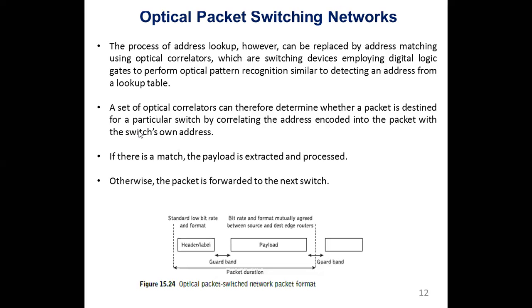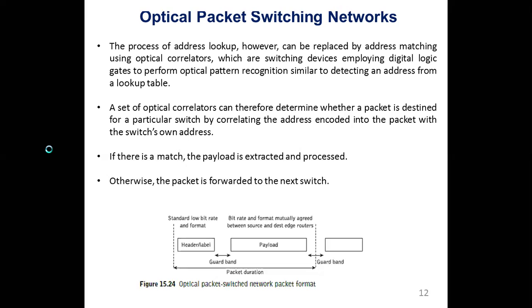Otherwise, the packet is forwarded to the next switch. So this is something which happens in the process of optical packet switching. The optical correlators are the most important ones because the address matching occurs because of the optical correlator. These correlators are switching devices, and they employ some kind of logic gate, and then they are able to detect the address from any lookup table.